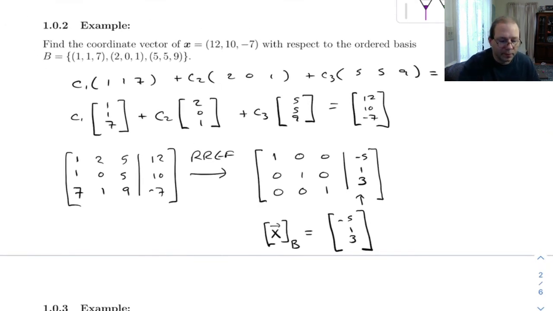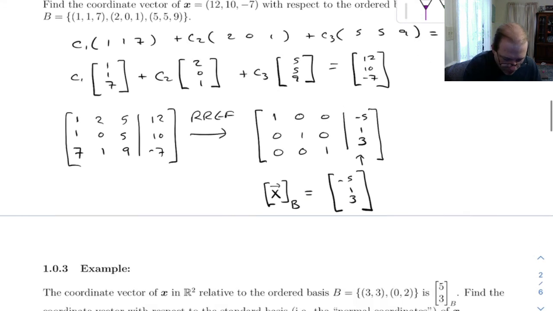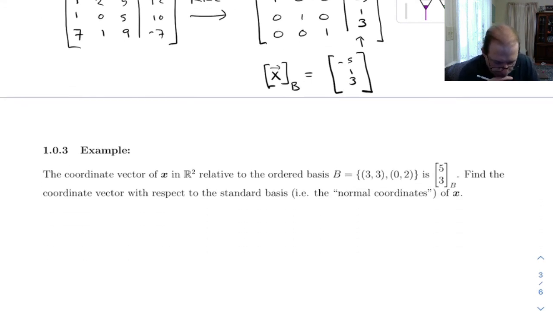All right. 103, the coordinate vector X in R2 relative to this ordered basis is this. Find the coordinate vector with respect to the standard basis, or in other words, the normal coordinates. Okay, notice this is the opposite type of question. Instead of telling us to find the coordinate vector, it's giving us the coordinate vector. So this is the set of coefficients that go with that.